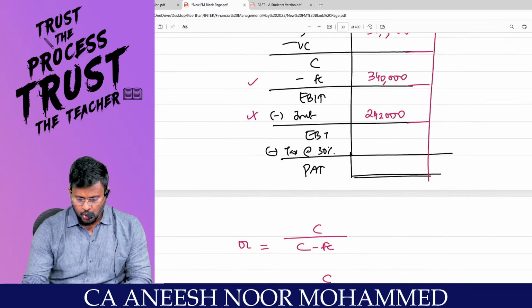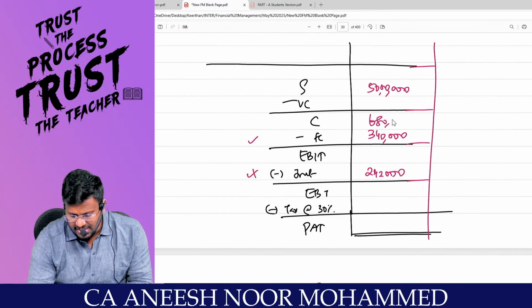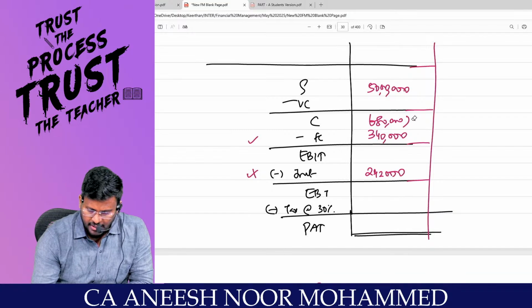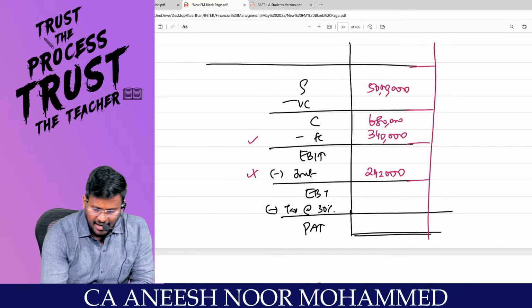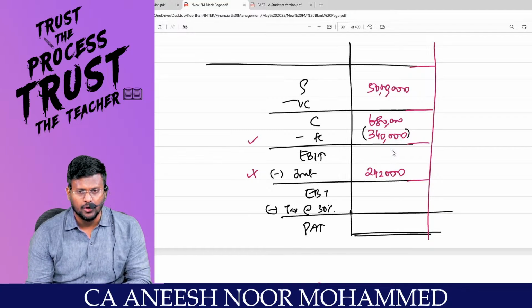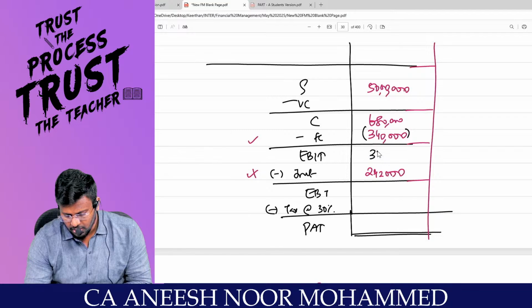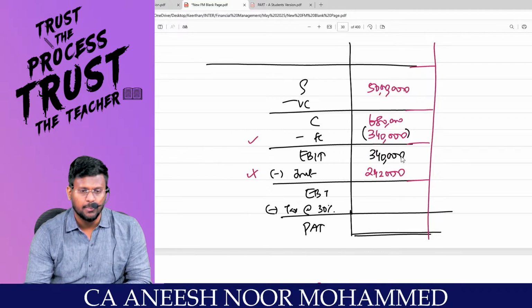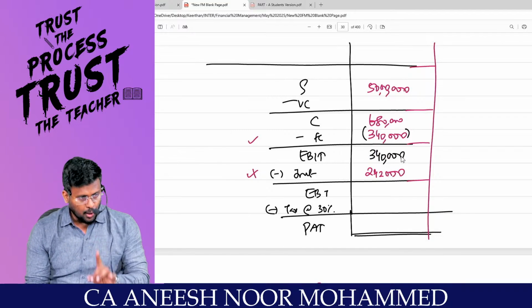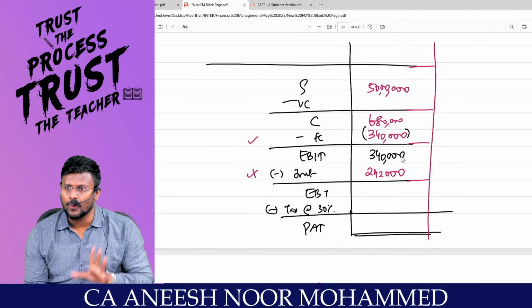Comfortable? So if 6,80,000 rupees is the contribution, from that if you reduce 3,40,000 as fixed cost, your EBIT will be 3,40,000. Now you have EBIT in your hand.